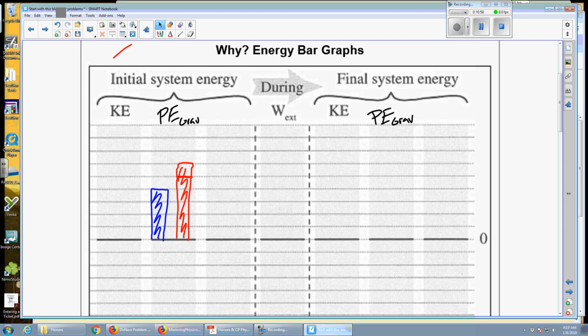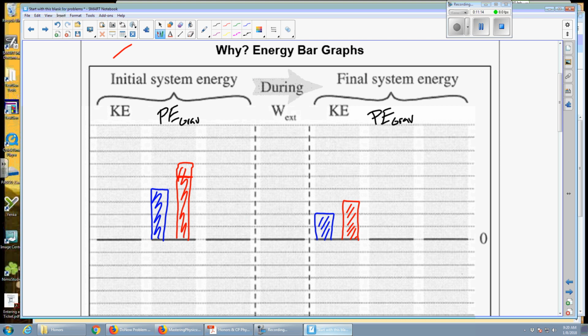So let's see. They're going to be moving, but I don't think they're going to be moving very fast, so I'm going to say M1 only has 2 blocks here, but M2 has more inertia, so it's going to have a little bit more.